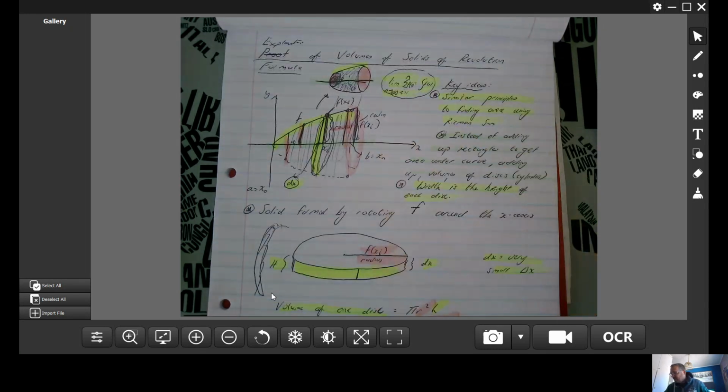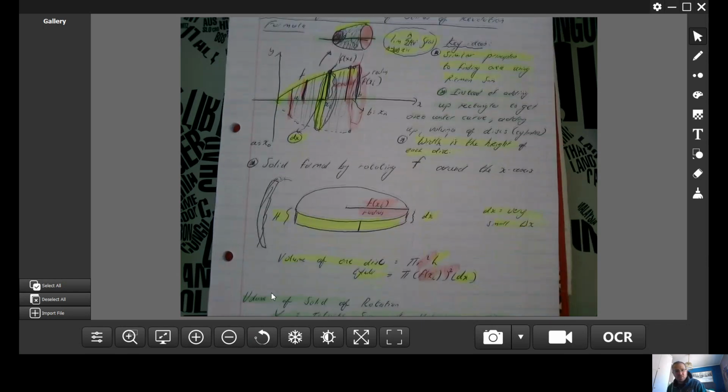That's one way of thinking about what an integral is. That's what the fundamental theorem of calculus says: an infinite limit sum is the integral. So in order to find the volume, we want to find the infinite sum of the volumes of each disk.